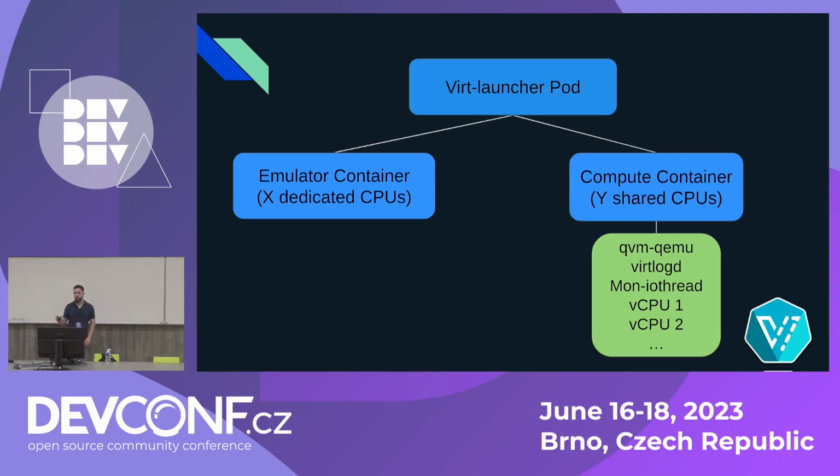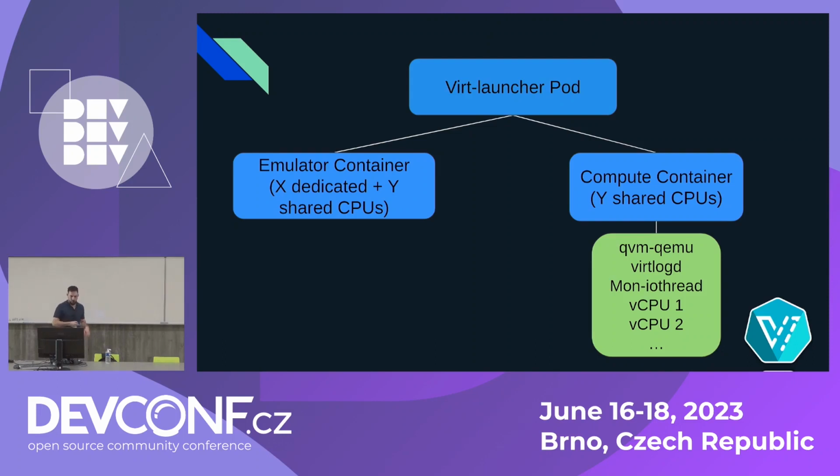We cannot change it at all. But we can mess around with the Cgroups of our containers. That's allowed in Kubernetes. So what we can do is the following trick. We can edit the CPU set of this container to have both X dedicated CPUs and Y shared CPUs. Again, this is not legal in Kubernetes, but it is possible in Cgroups.